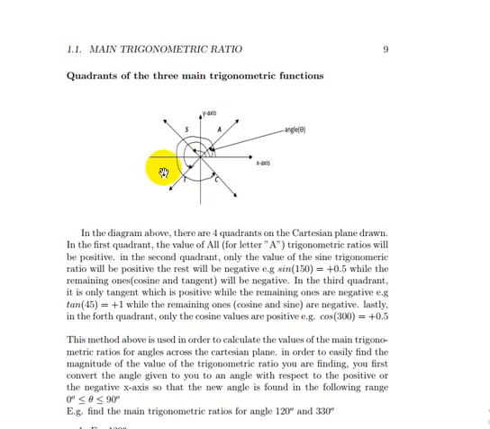The reason from this quadrant method is that, here is the anti-clockwise direction and here is the clockwise direction. Angles taken in the anti-clockwise direction from the positive x-axis are positive, and angles taken in a clockwise direction are going to be negative.